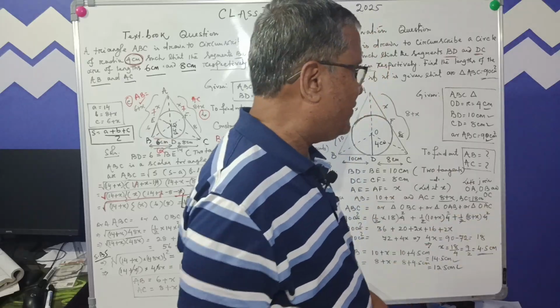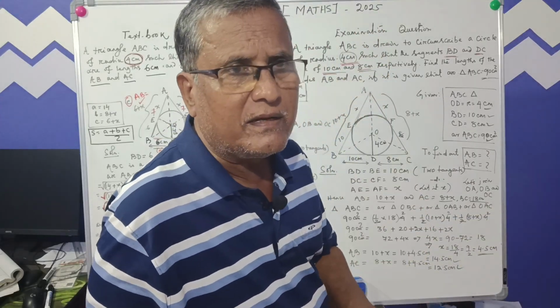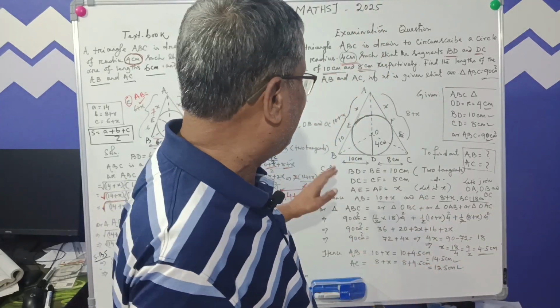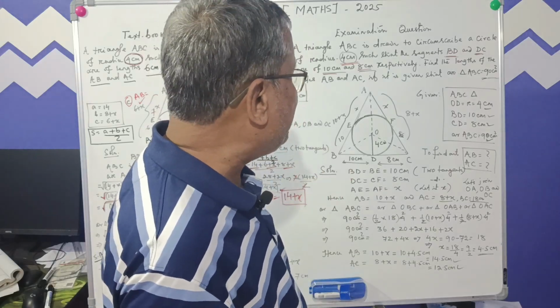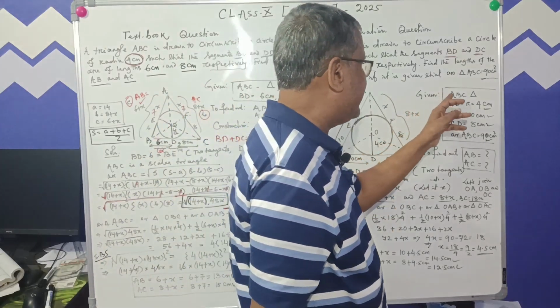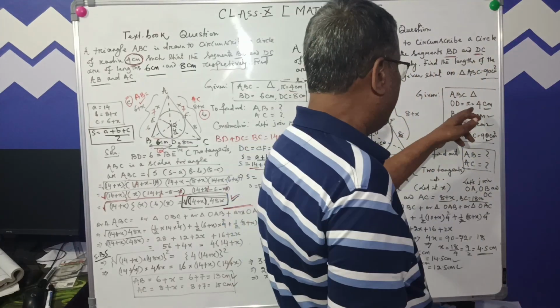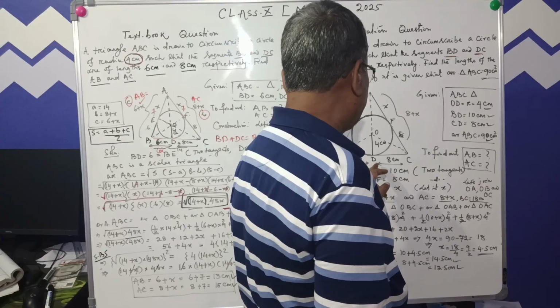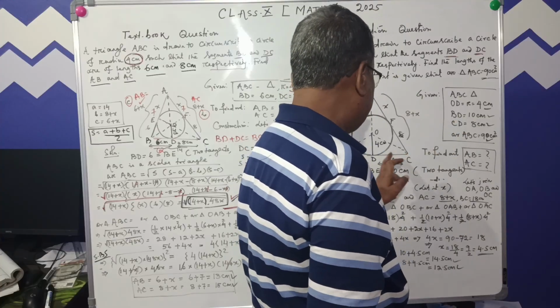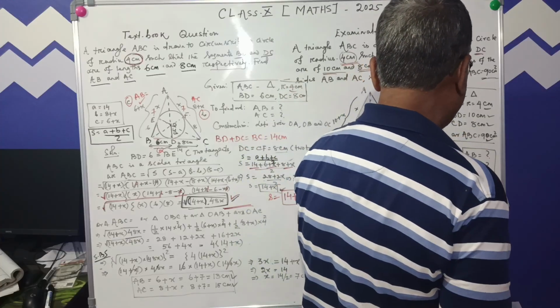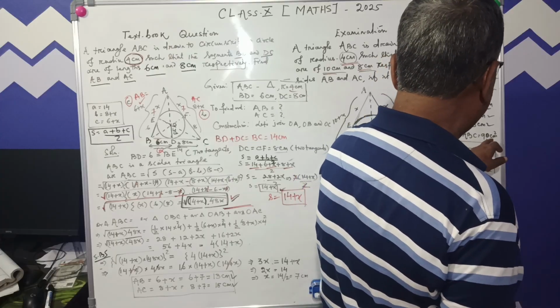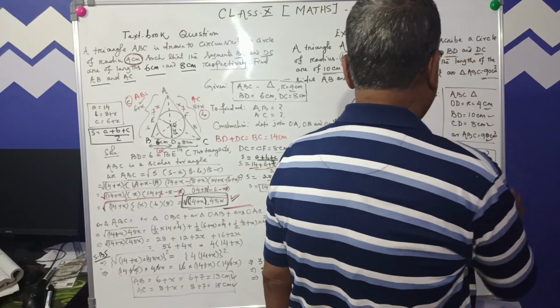So half of your task is reduced. Now actually apply the same formula. So given triangle ABC, OD is the radius 4 cm, BD 10 cm, DC or CD 8 cm, and the area of ABC 90 square centimeter.